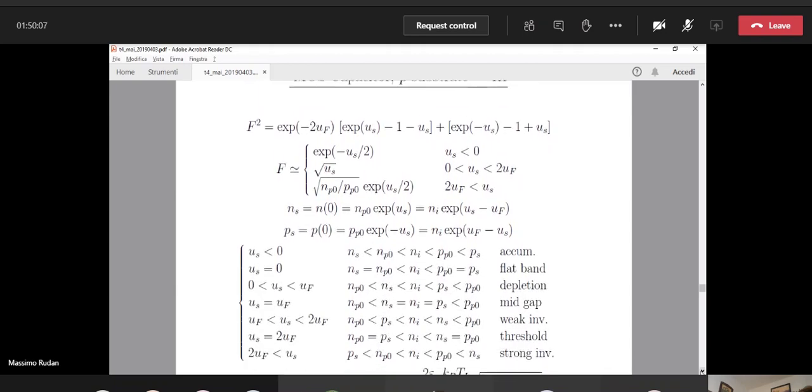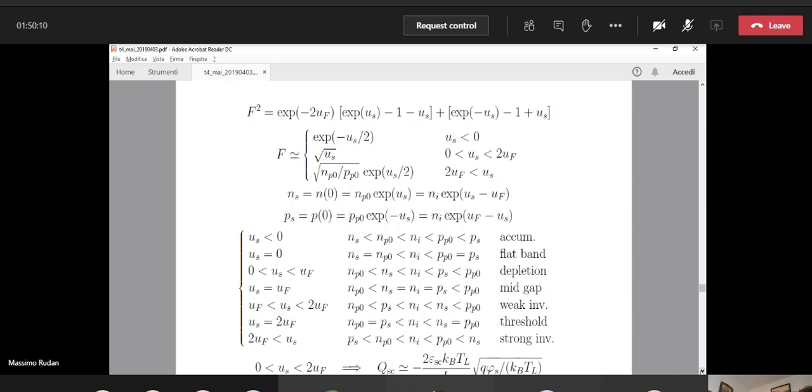You see immediately that this expression that we have just calculated is fully general because we did not introduce any approximations into the problem, but it is also quite inconvenient because this function f is the square root of some function that contains exponentials and algebraic pieces and so on, okay?